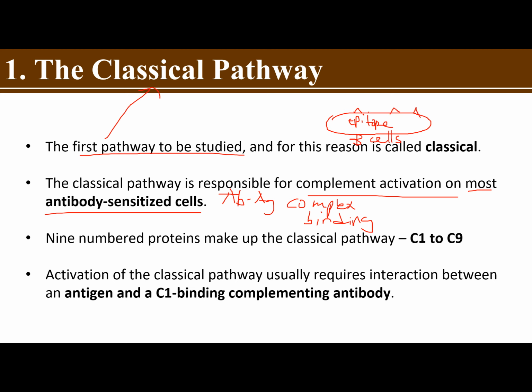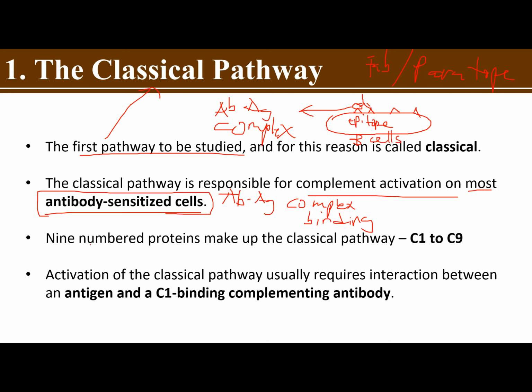Now your antibodies would arrive, and if you still remember, the antibodies have the Fab site or the paratope. So what happens is that the Fab site or the paratope would attach itself to the epitope, forming the so-called antibody antigen complex. Now, please take note that for your classical pathway to be activated, it would require this so-called antibody antigen complex or antibody sensitized cell.